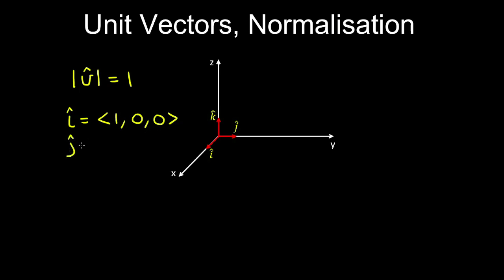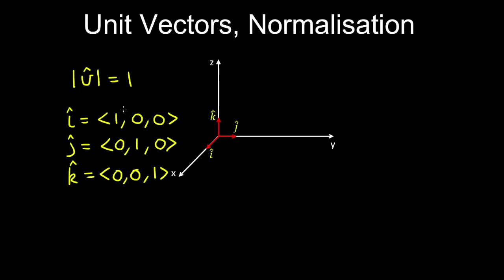And the vector j hat has a component in the y direction, with the other components being 0. And the unit vector k is the third standard unit vector, which has a component of 1 in the z direction, and the other components are 0. So as we can see, the magnitude of these vectors is 1.